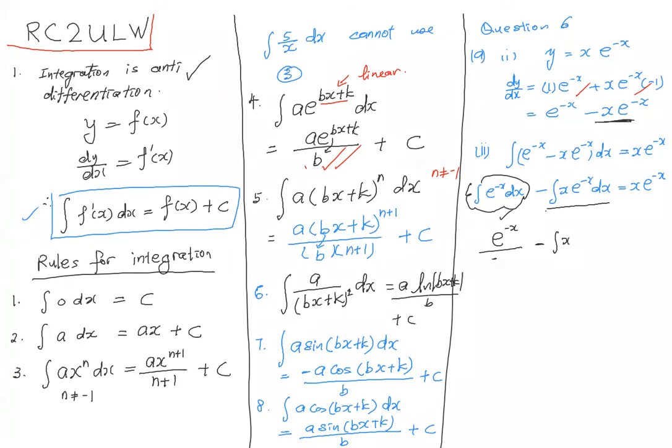Divide by the coefficient of x, please. So this is equal to x e to the power negative x.